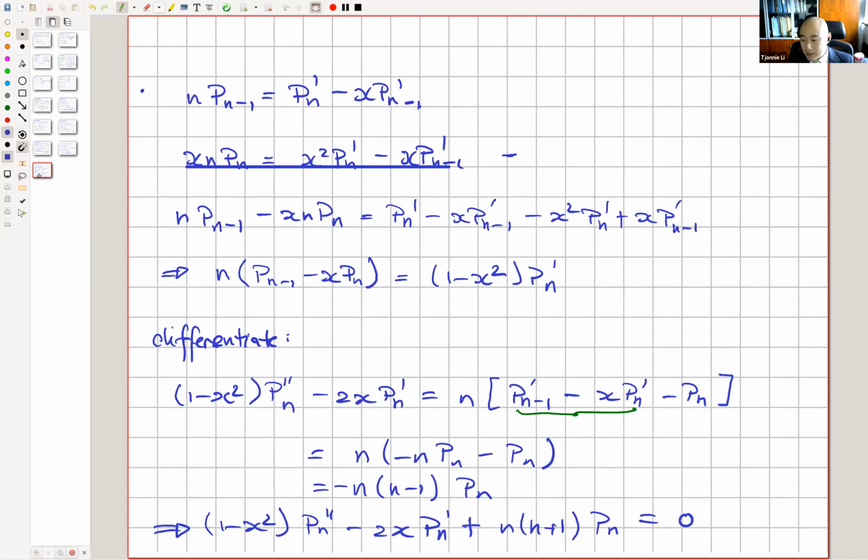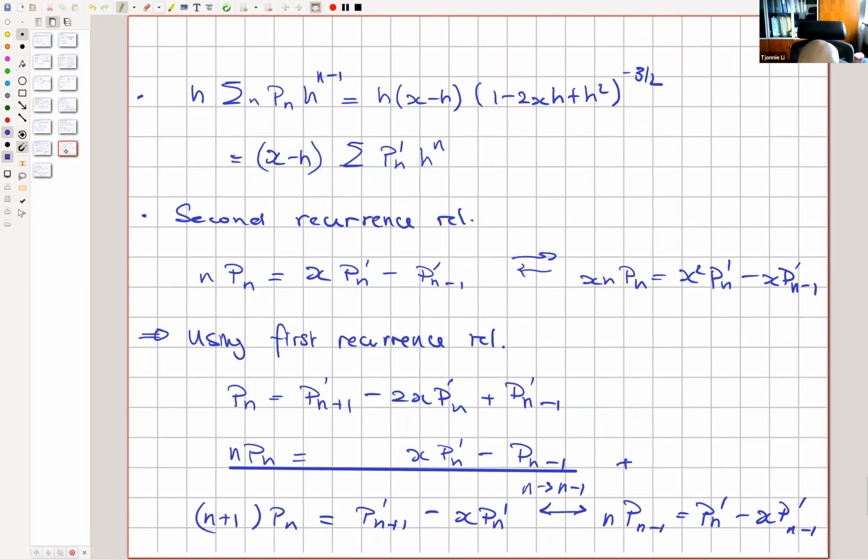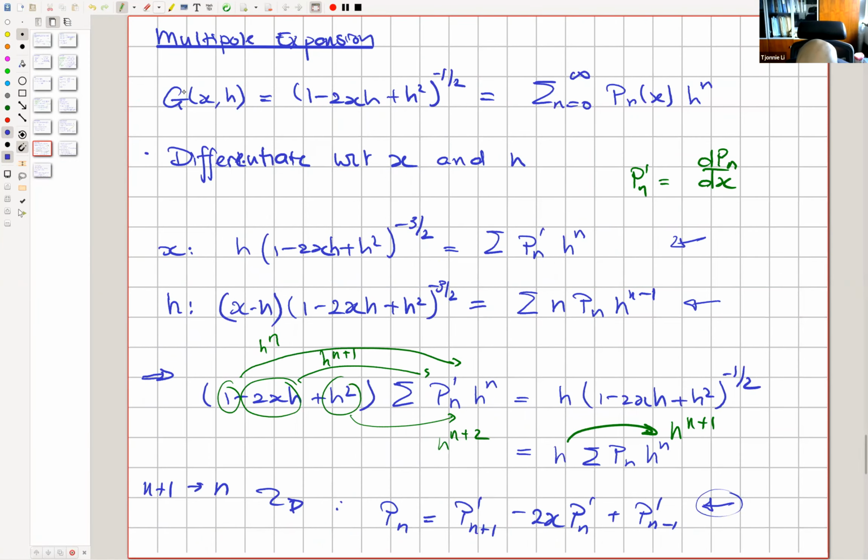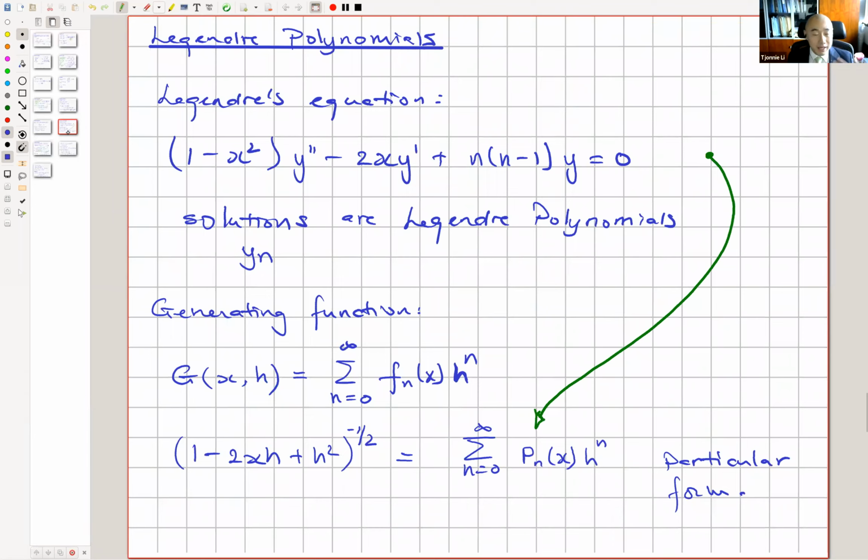And next week, we'll take a look at the significance of being able to write this generating function and showing that these are Legendre polynomials, in such a way that I'm able to calculate different components.